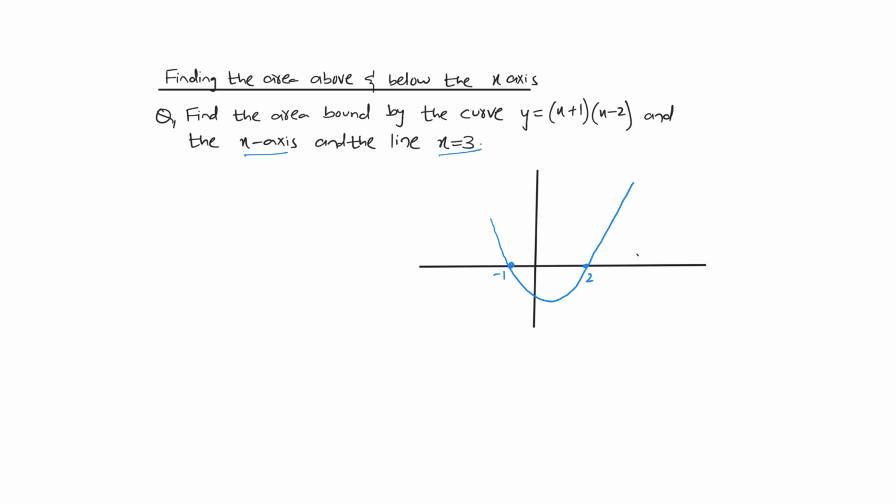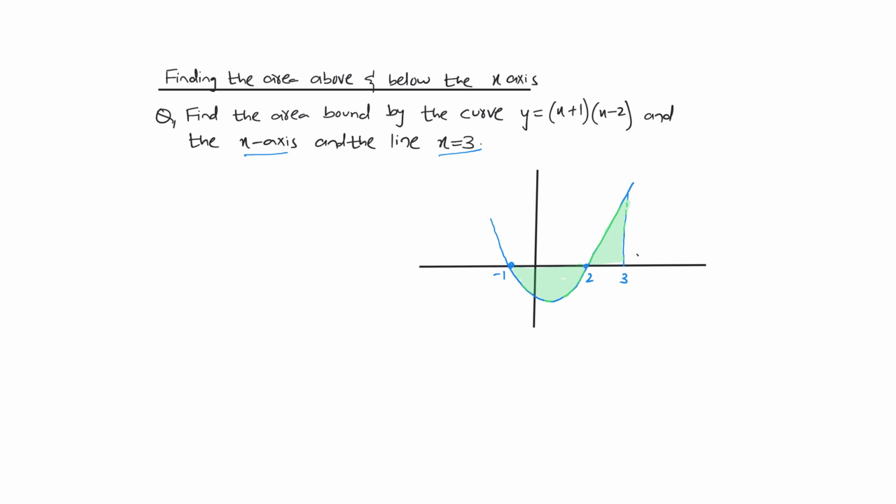So the line x equals 3 would be here. The required region will now be this, because this is the area bounded by the curve, the x-axis and the line x equals 3. So you need to find the area of the total required region.